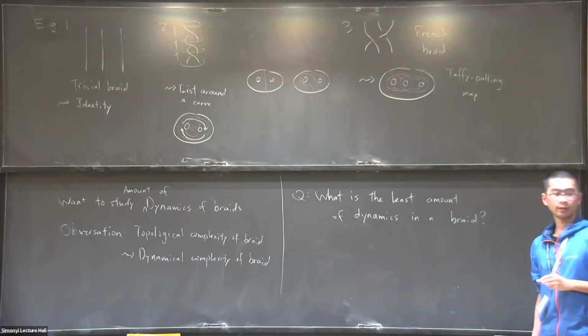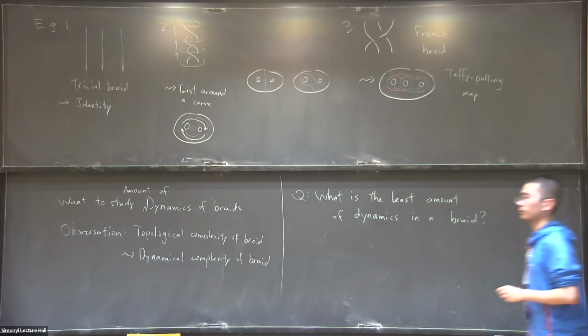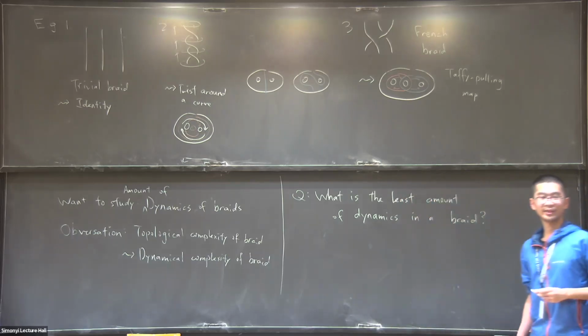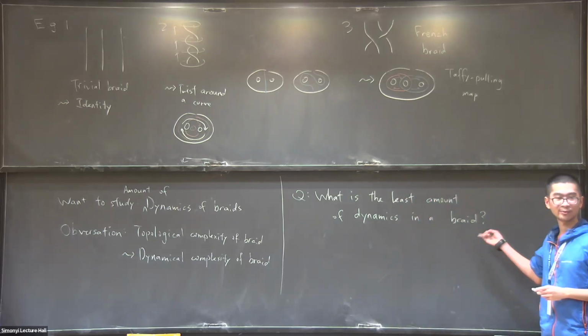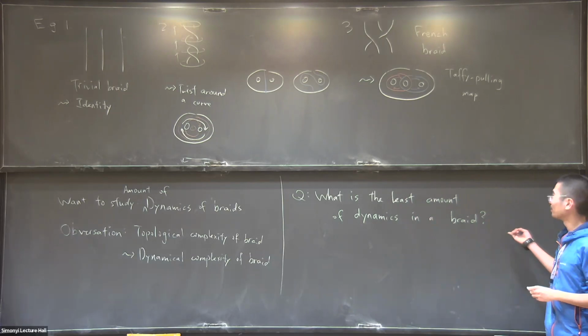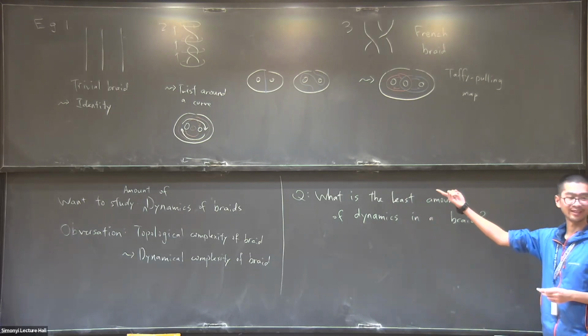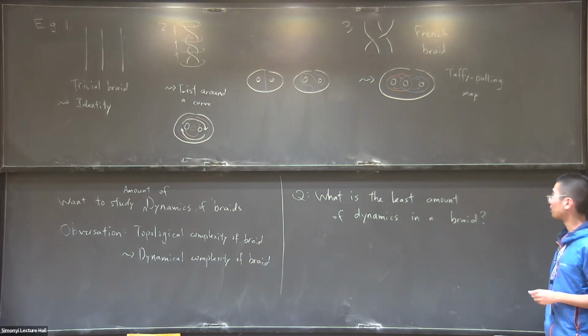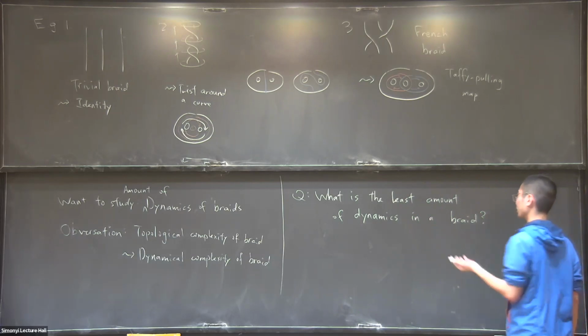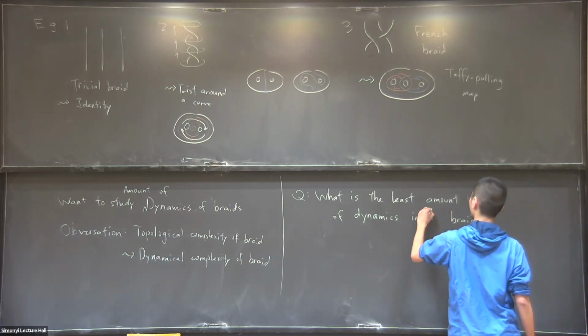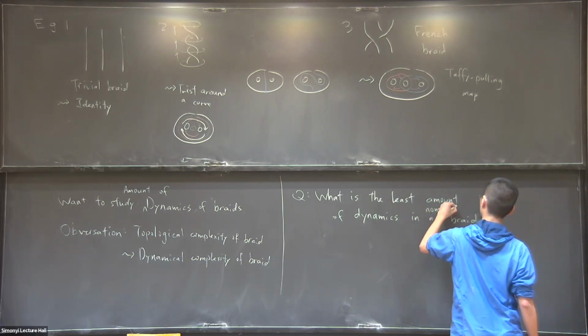And that would be the subject of today's talk. Except not really, because if you think about it, this question is trivial. Because you have the trivial braid, and so the least amount is just going to be 0. So let's make it more interesting and say a non-trivial braid.